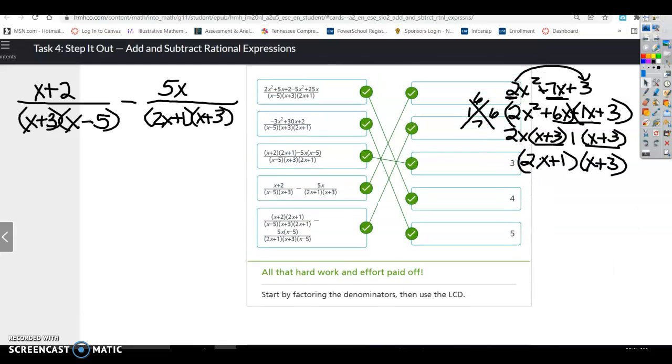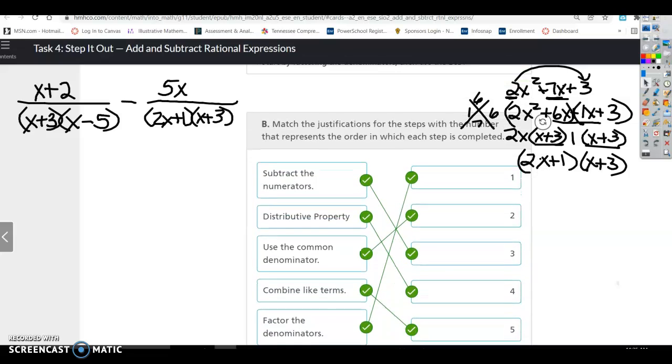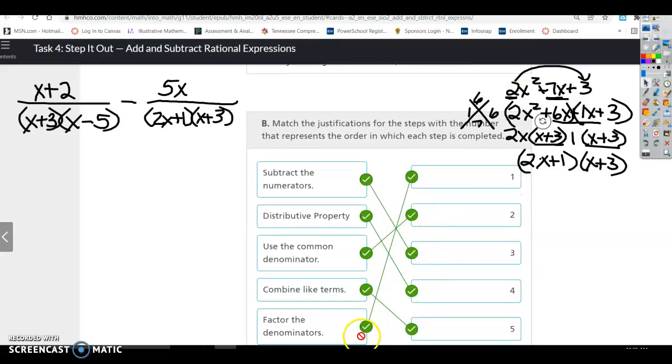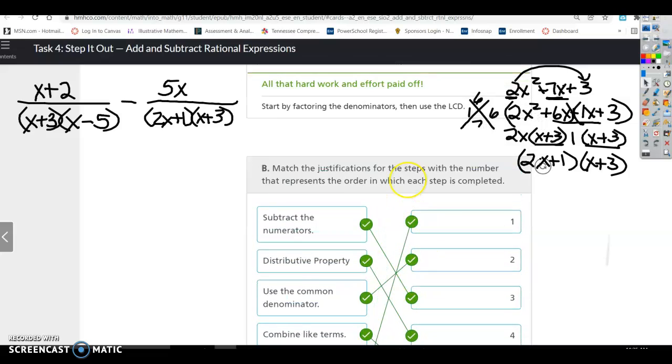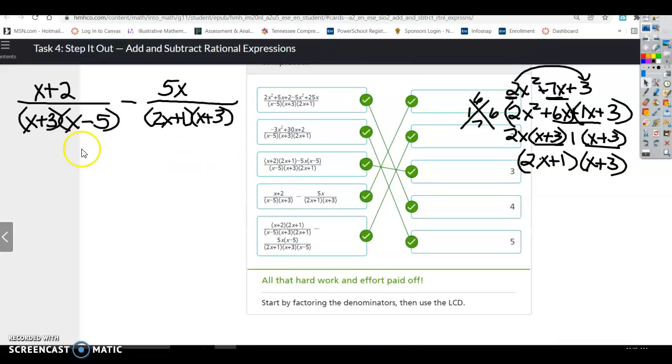So if you go back up here and look, we can see that the very first thing we had to do was factor our denominators. I started that process right here. So step 1, we factored the denominator here. And then step 2 was we got the common denominator. They added the term that was missing from both sides.